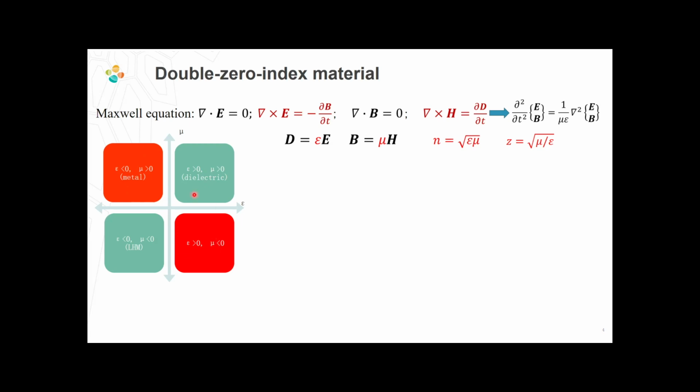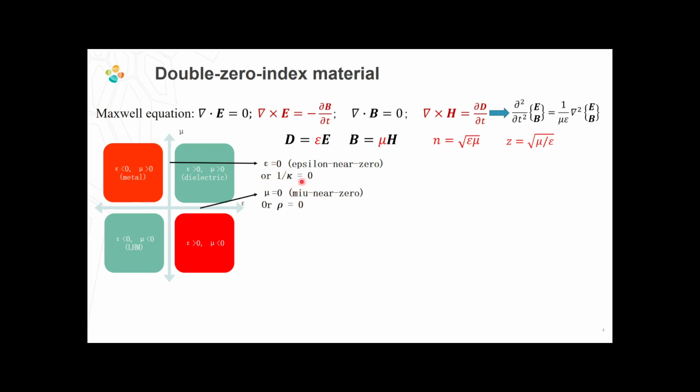Now the question is, what happens if on the axis, like on the vertical axis indicating epsilon, it is near zero or close to zero, and on the horizontal axis, that means mu, the magnetic permeability, is near zero. Also for acoustic waves, we can have an acoustic version.